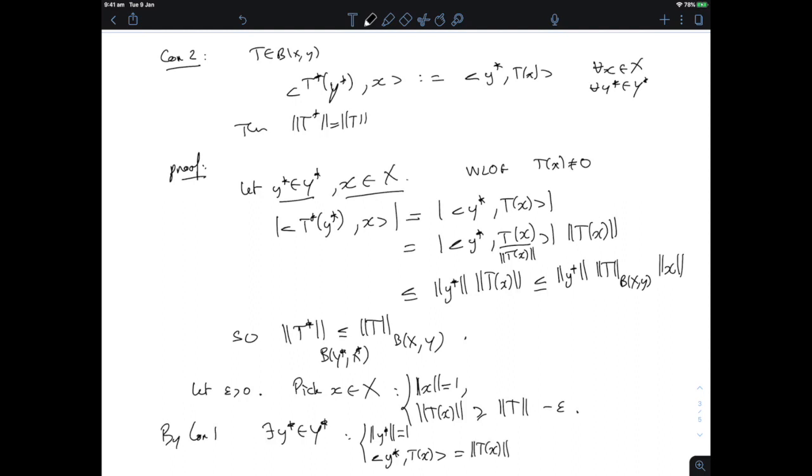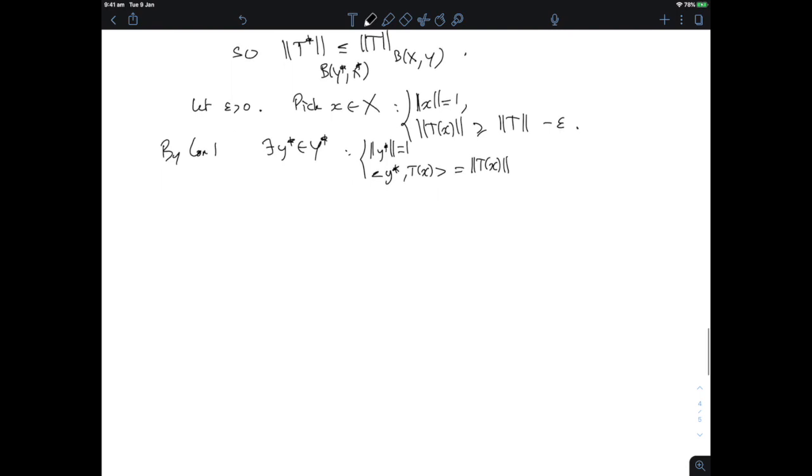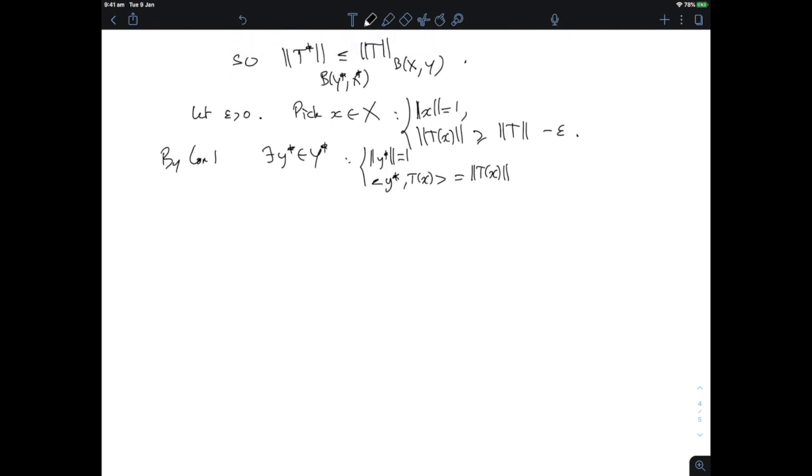I'm taking a norming vector y star for that vector T of x, which is a vector in Y. That's exactly what corollary 1 provides me with. But now, what have I got? I've got that the norm of T of x is greater than the norm of T minus epsilon. I'm repeating myself a bit here.